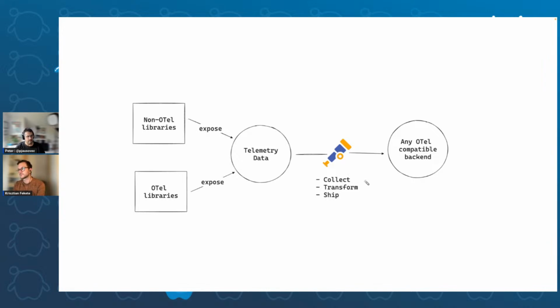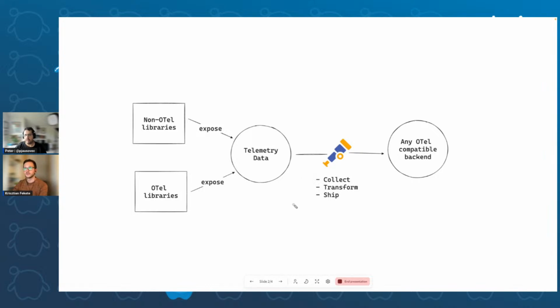Exactly. Perfect. I think this is a really nice picture because it shows that you don't have to use OTel libraries necessarily to be able to use the OTel collector or an OTel backend. If you have this in the middle, then you are fine.